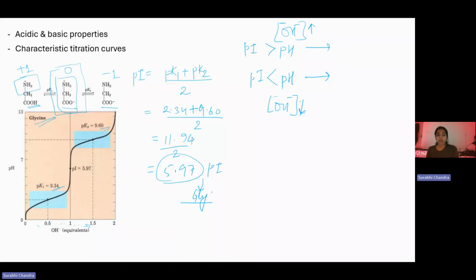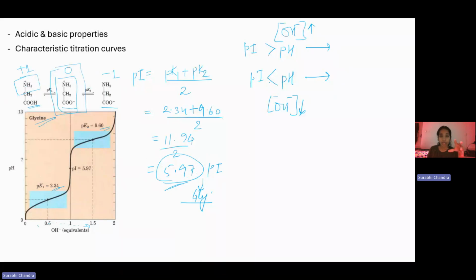This is what is being shown here: at pH values below 5.97, it will exist predominantly as a positively charged moiety.